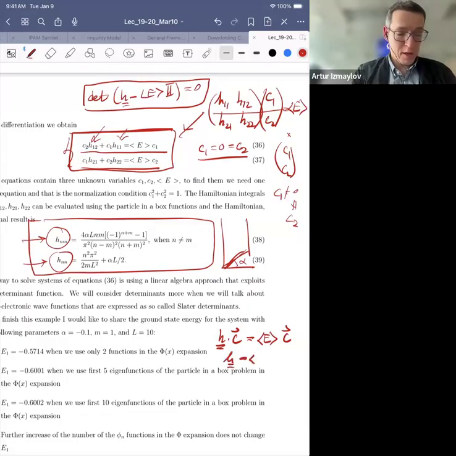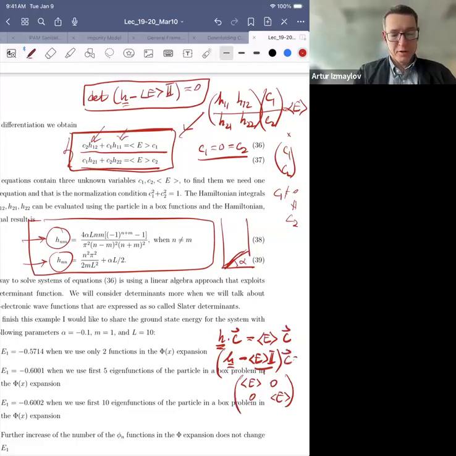So this is our new matrix: the H matrix minus the matrix where the expectation value is on the diagonal, multiplied by the coefficient vector equal to 0. So this is the matrix multiplying the vector, and we get the 0 vector.